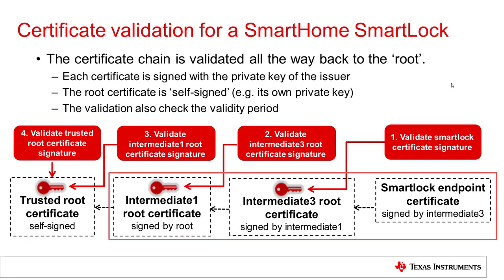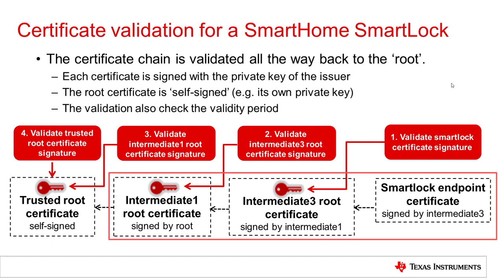To validate it, it will look at the digital signature contained in the smart lock endpoint certificate, and it will decrypt that digital signature using the public key present in the intermediate 3 root certificate that's present in the certificate chain. Once it's decrypted that signature, it will have a hash of the smart lock endpoint certificate. It will then generate its own hash using the same hashing algorithm that's listed in the certificate and compare them.